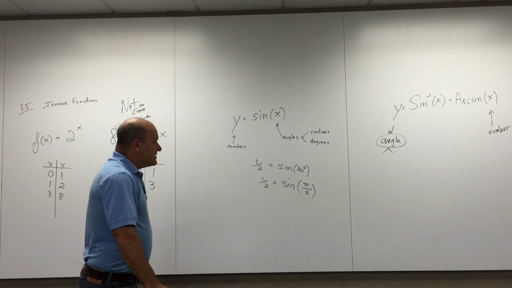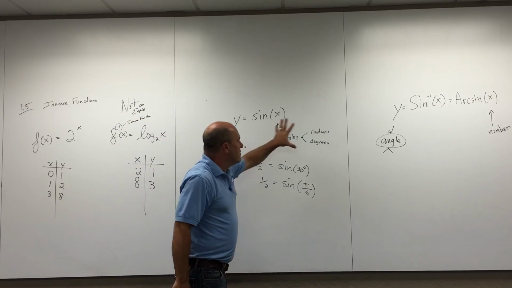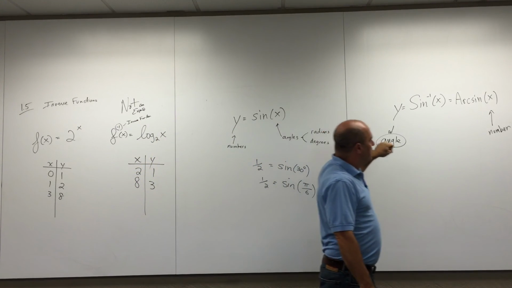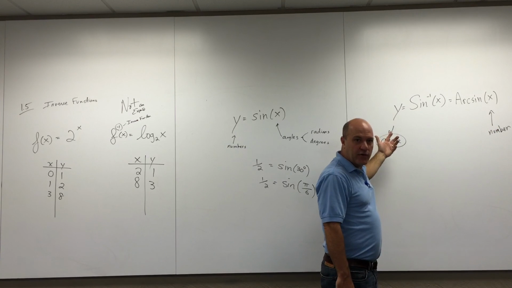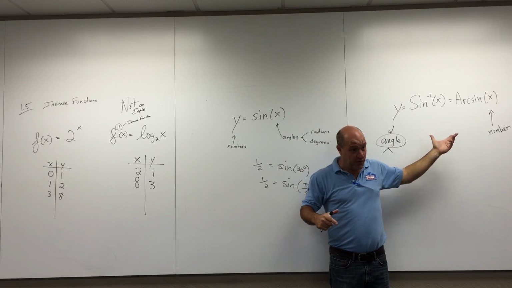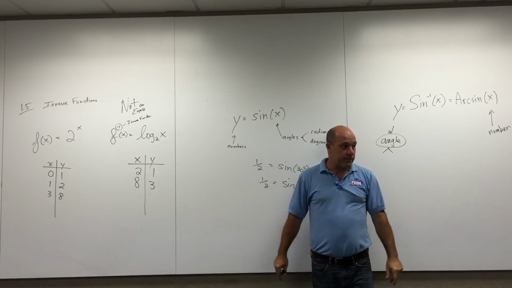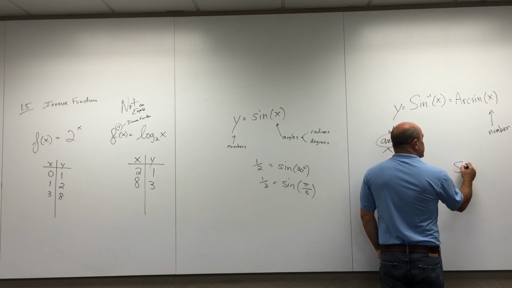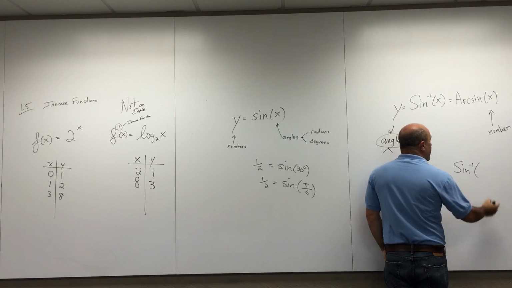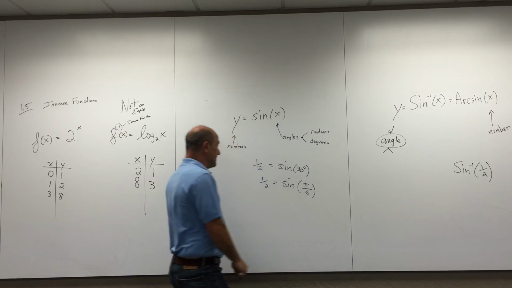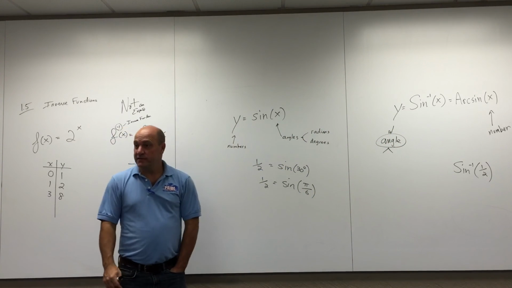What's cool about radians, though, see how I'm saying you input angles and you spit out numbers, and then you input numbers and you spit out angles. That's just the concept of what the trig and the inverse trig function are doing. Let's do an example. What's the sine inverse of 1/2? Well, you just did it. The answer is 30 degrees.